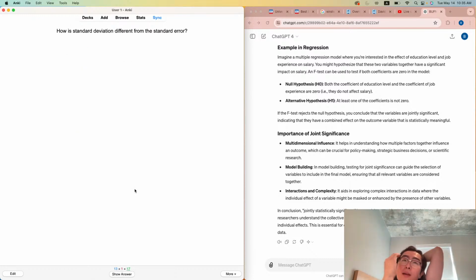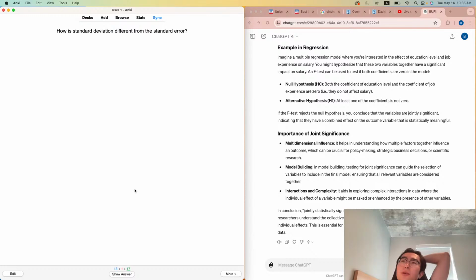Okay. How is standard deviation different from standard error? Apparently standard deviation is a measure of how spread out the data is from the mean, but the standard error is commonly used for estimators, and what standard error represents is how spread out the values of those estimators are from sample to sample.